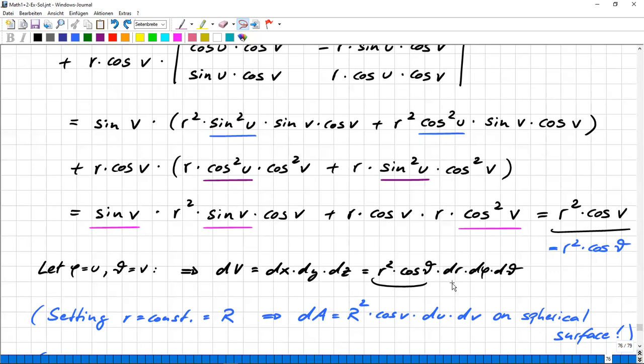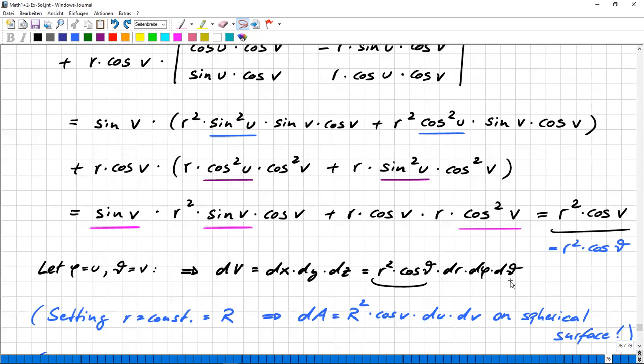And if we set this to be constant, so that its differential disappears, we don't take anything away from this correction factor. So actually, this correction factor geometrically refers to as well the phi as the theta contribution.